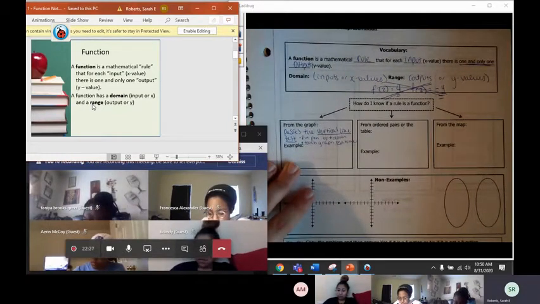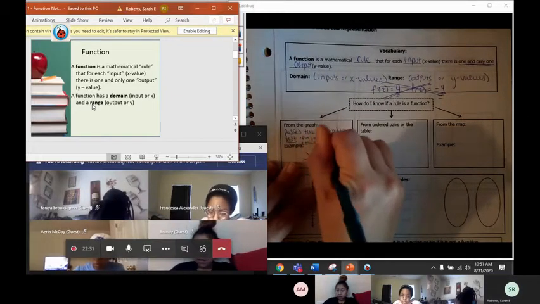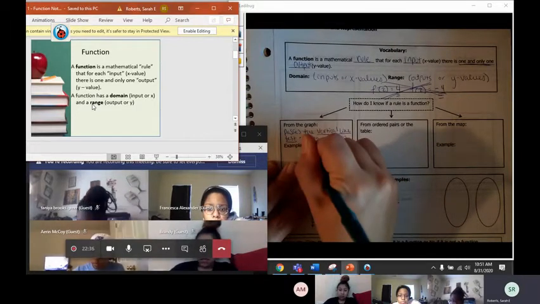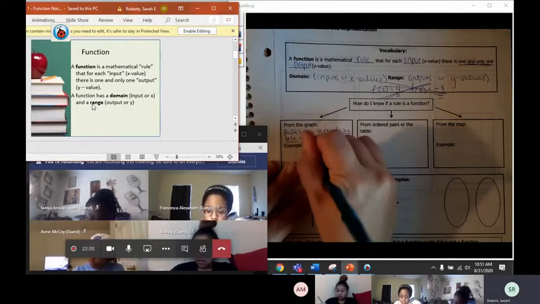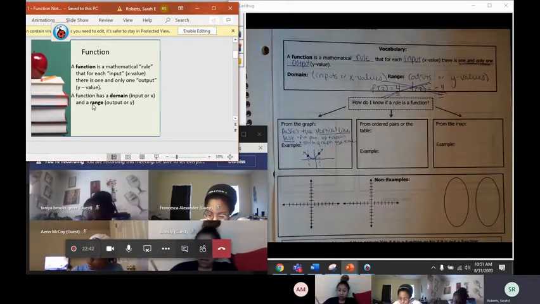Okay, so I'm going to draw out an example. Maybe we have an absolute value function. And we should be able to draw a line through our graph, a vertical line anywhere along the graph, and we should only pass through one time.